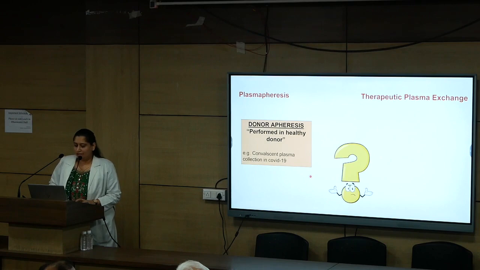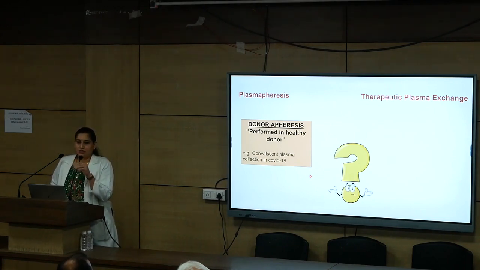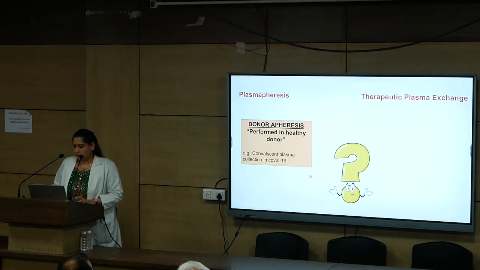Plasmapheresis is a type of donor apheresis which is performed in a healthy donor. A very common example is collecting convalescent plasma to treat severe COVID-19 infection. On the other hand, therapeutic plasma exchange is performed on critically ill patients, as in our case.